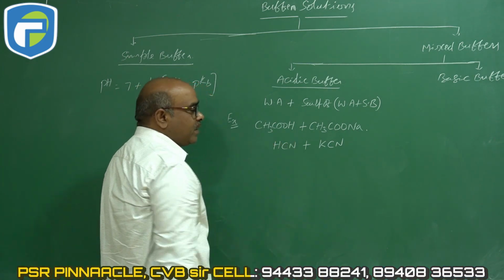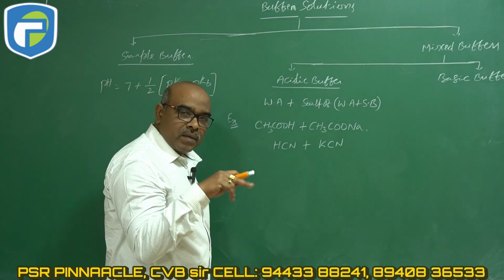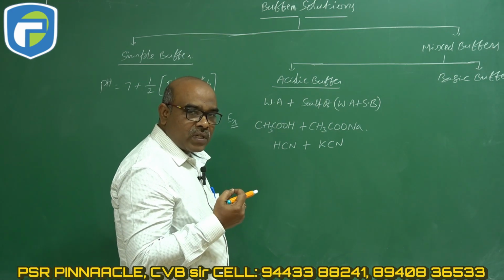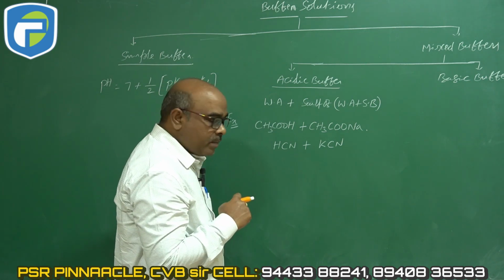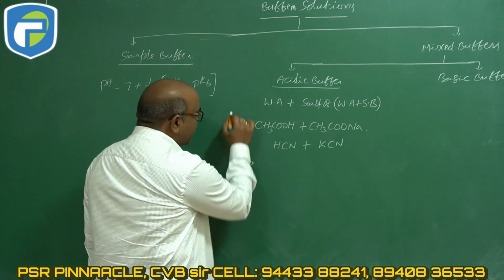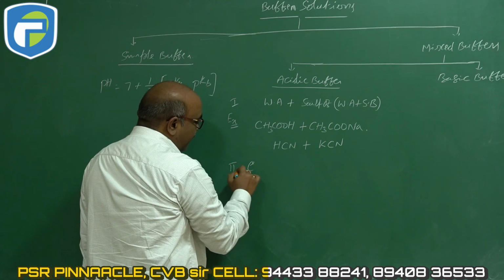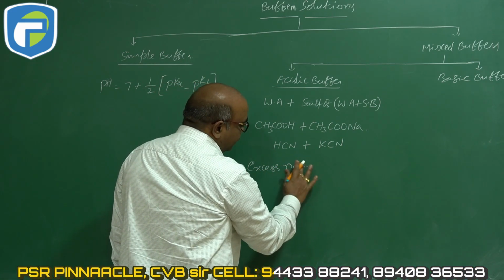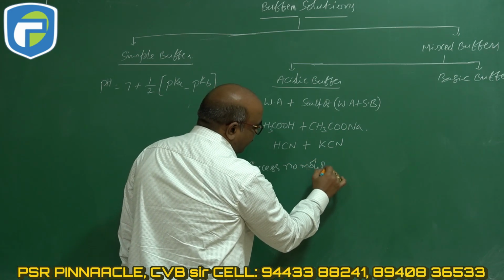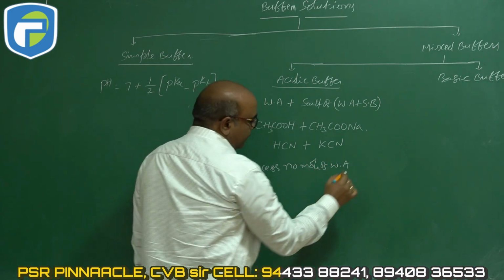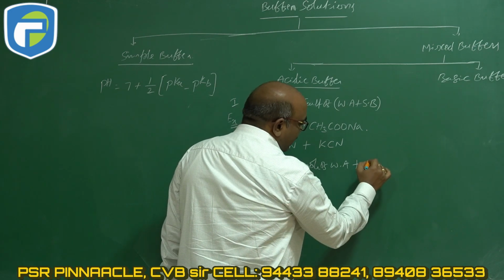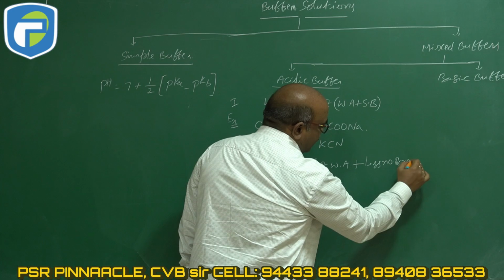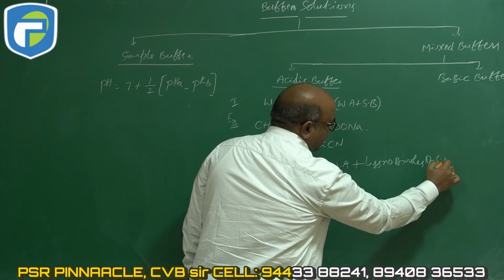This is the method of direct mixing. Otherwise, an excess number of moles of weak acid is mixed with a lesser number of moles of strong base, and that also acts as a buffer. So this is the first one, and this is the second way to prepare it: excess number of moles of weak acid plus less number of moles of strong base.